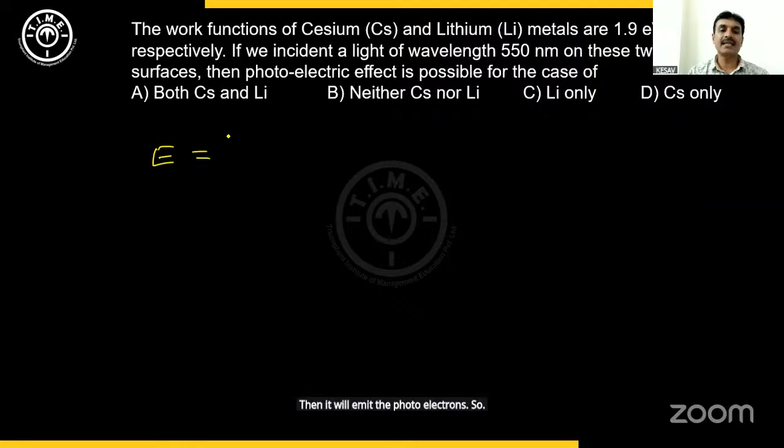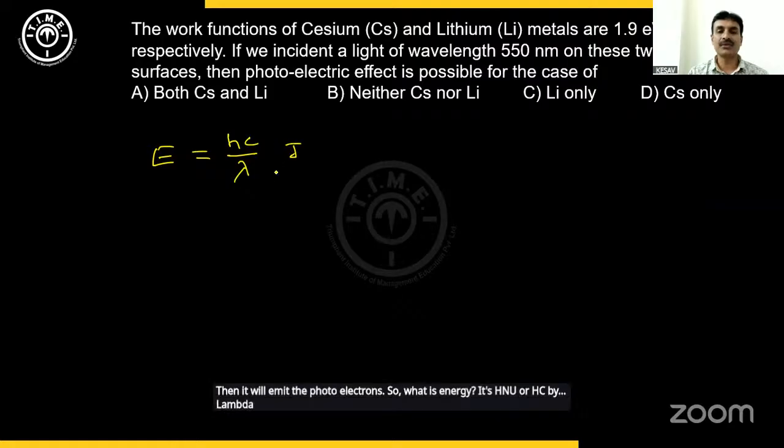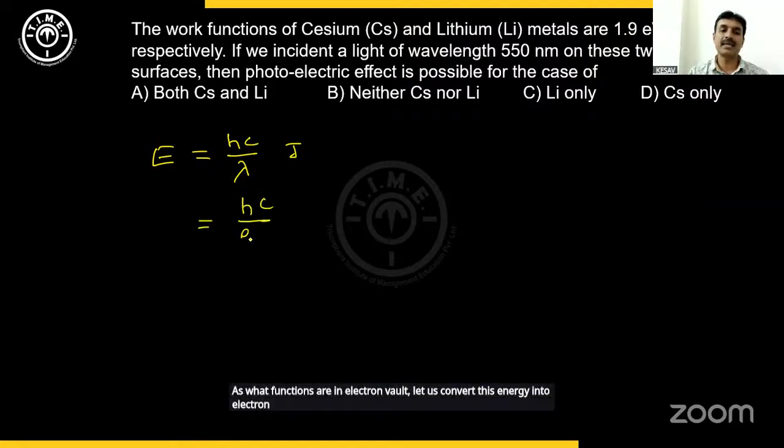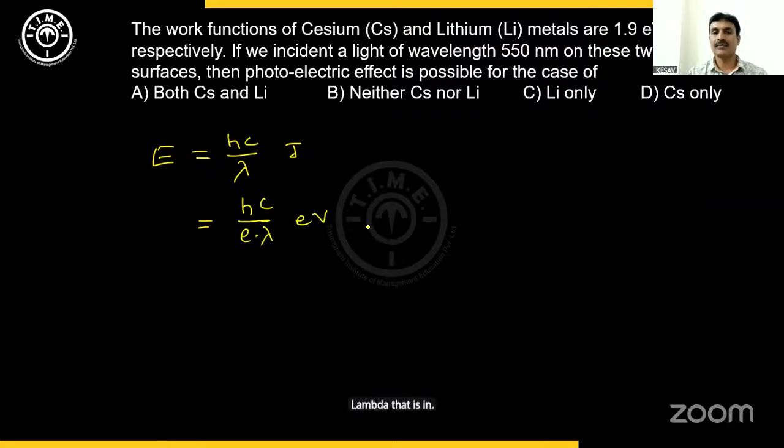So what is energy? It's h nu or hc by lambda. As I told you in the previous question, it will be in joule. As work functions are in electron volt, let us convert this energy into electron volt, that is hc by e into lambda, in electron volt. So what is the hc by e value?